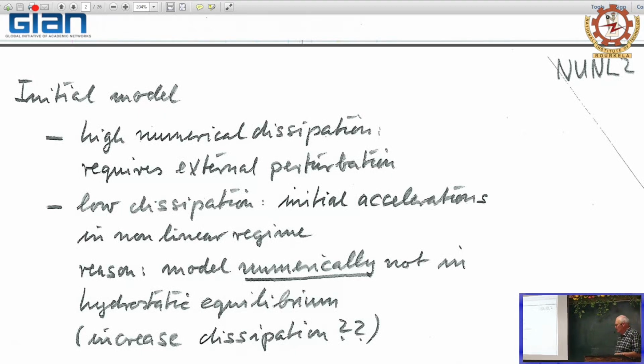Actually, the model which we start with is a model in hydrostatic equilibrium. So it satisfies dP/dm_r minus G m_r over 4 pi r to the 4 equals 0. But in a numerical sense it is not 0.